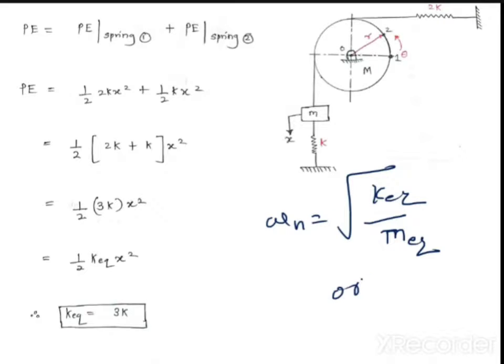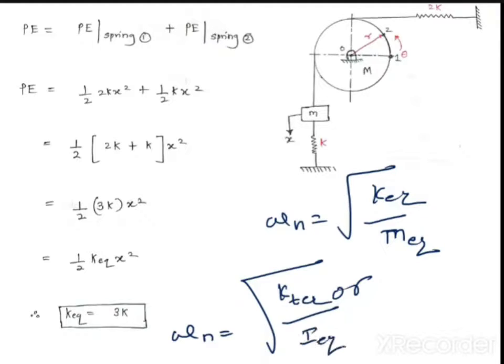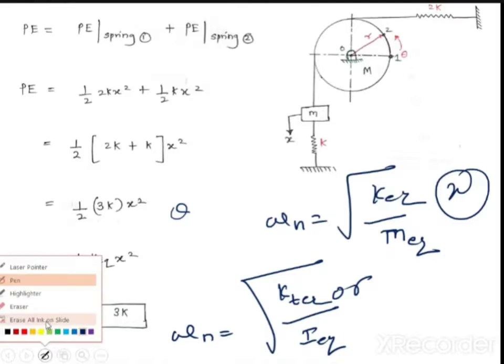Or you can also write omega n is equal to square root of kt equivalent upon I equivalent. So it is very important. If they ask you to find out kt or I equivalent, take theta as a parameter. If they ask you to find out k equivalent or m equivalent, take x as a parameter. And from omega n you can find omega n from both k equivalent upon m equivalent or kt equivalent upon I equivalent.